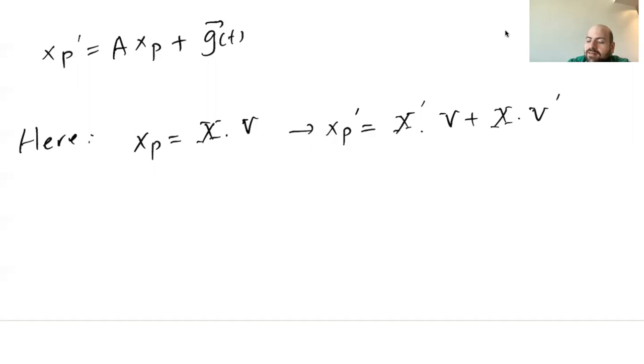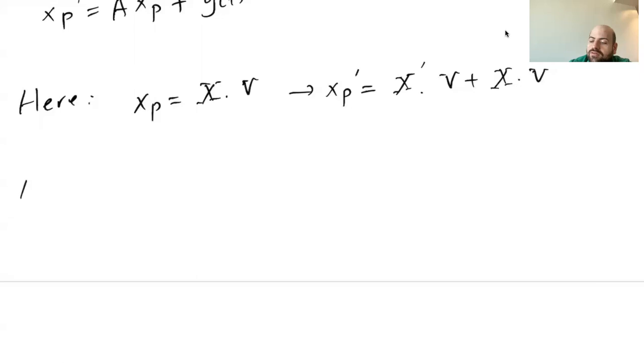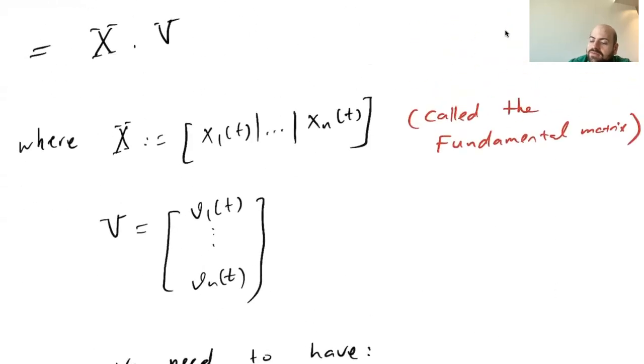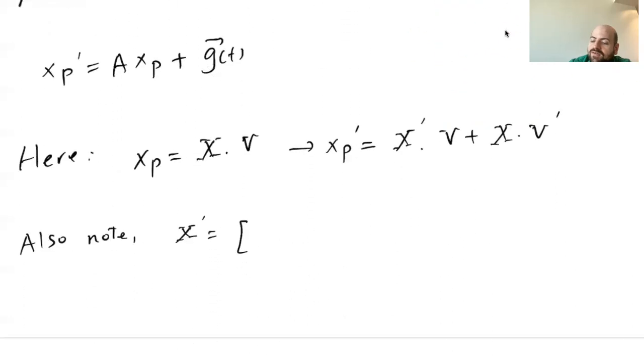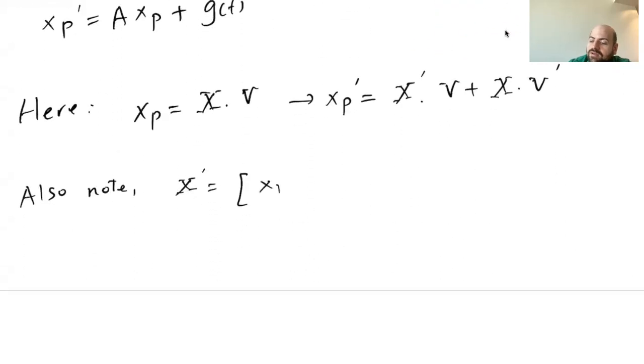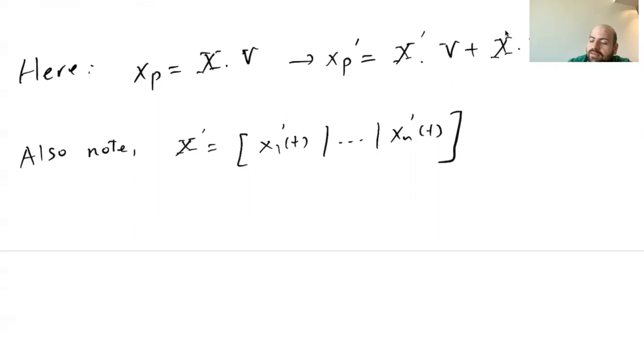Now, what is capital X prime? Note that the columns of capital X are x1 of t to xn of t. So if I differentiate them, I get x1 of t prime to xn of t prime. And what is x1 of t prime? Remember, each xi is a solution of x prime equals Ax.